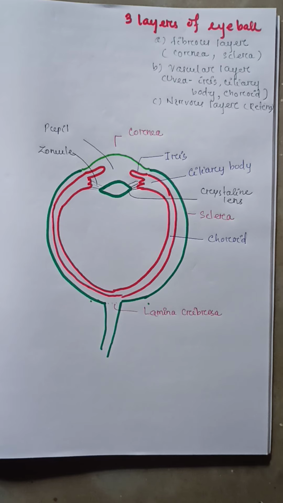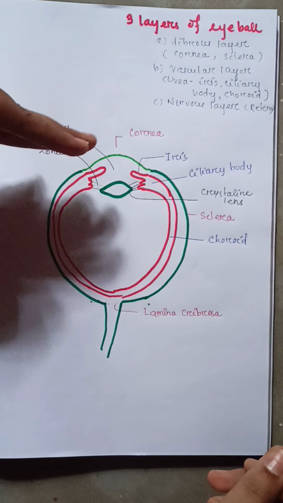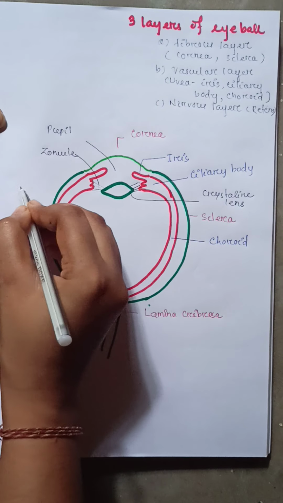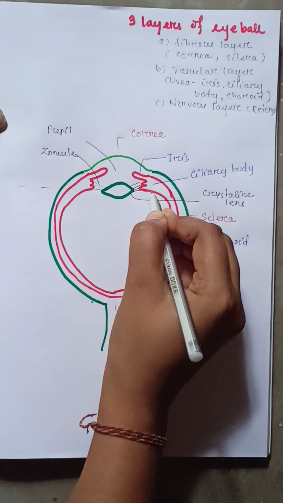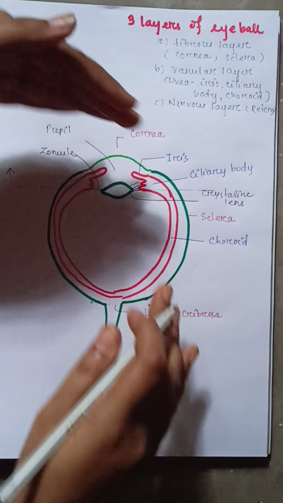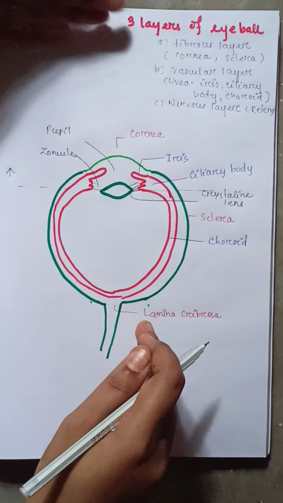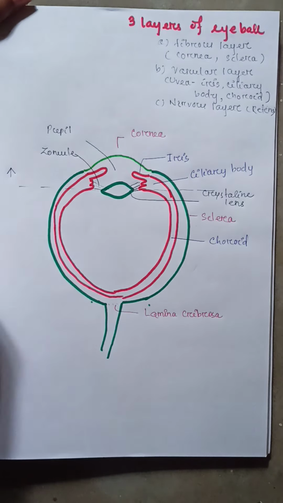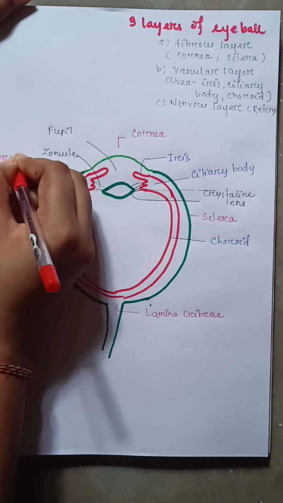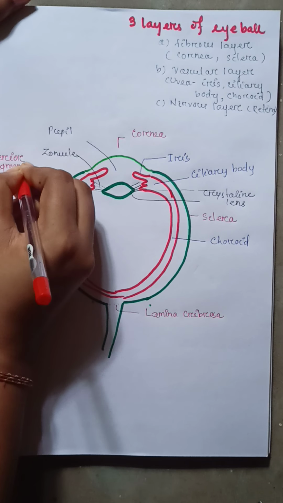And as we know, the part in front of the crystalline lens is the anterior segment, that is, the parts of the eyeball which are in front of the crystalline lens are the anterior segment.